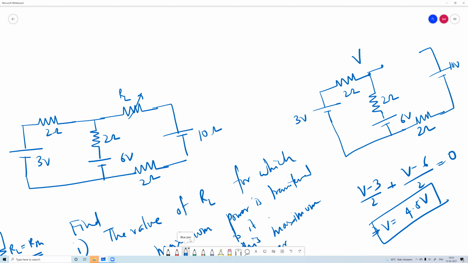It is still there. Shouldn't we consider it? So VTH will be (V minus 10) by 2. V is 4.5, right? That's what we found out.